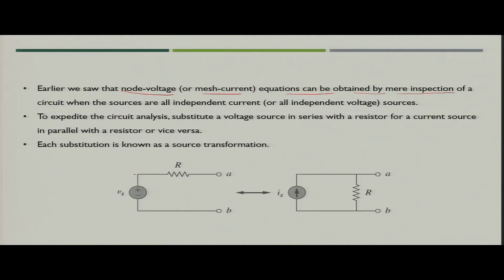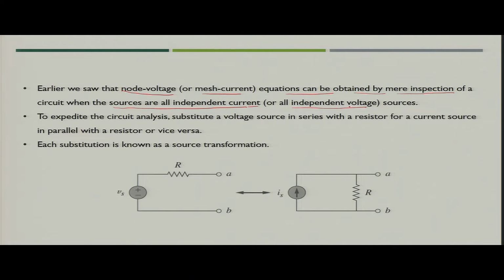Similarly, in node voltage we were assigning voltages at the nodes, and using Kirchhoff's voltage and current laws we were trying to identify the node voltages. We did this with independent current or voltage sources, and we also discussed that the same technique can be used for dependent current as well as dependent voltage sources.